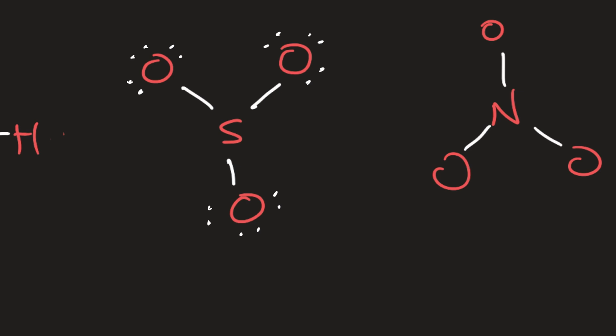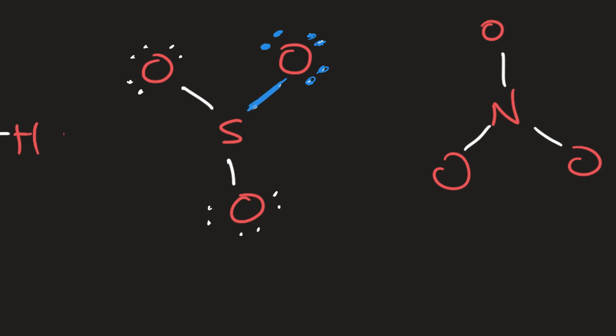A full valence shell consists of 8 electrons. When we look at each of these oxygens, we can see that it has access to 8 electrons. What do I mean by that? If you notice, you have 1, 2, 3, 4, 5, 6, and then it's sharing 2 electrons with the sulfur.